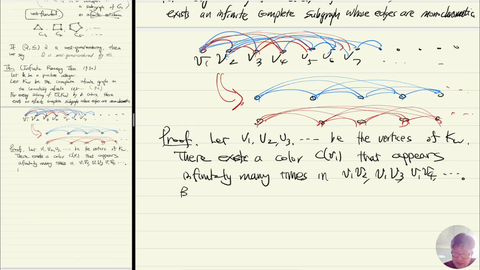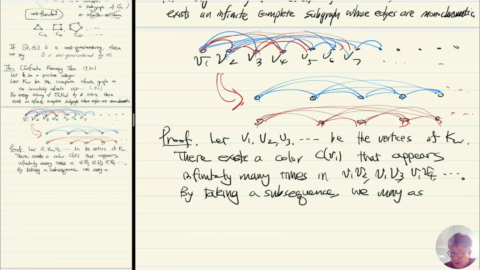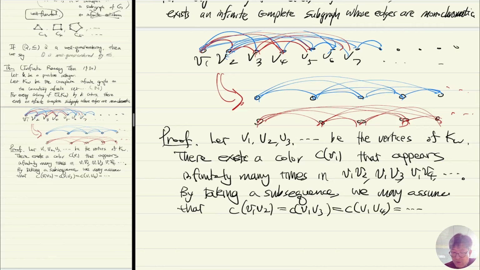Now, by taking a subsequence, we may assume that the color of v1v2, the color of v1v3, the color of v1v4, all these are equal to c(v1).